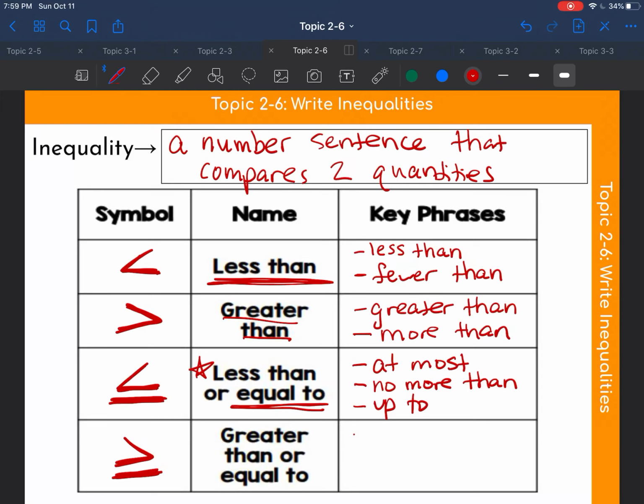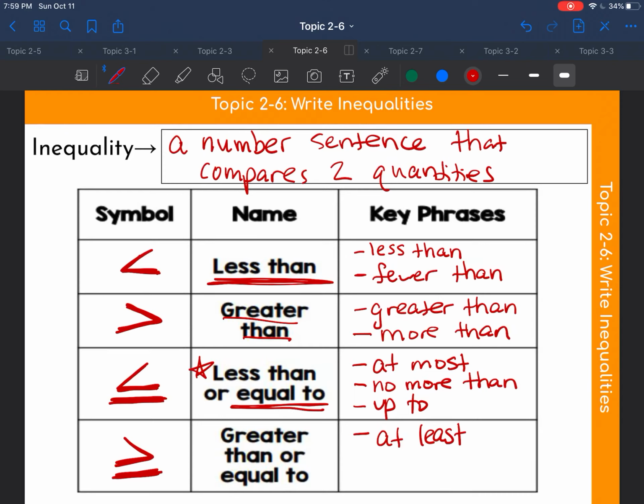Now, some key phrases that tell us we're going to use the greater than or equal to sign. Instead of at most, it's at least. You have to be at least 5 feet to ride this ride. That means you can't be less than 5 feet.